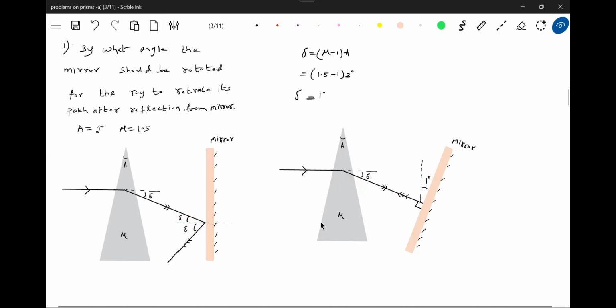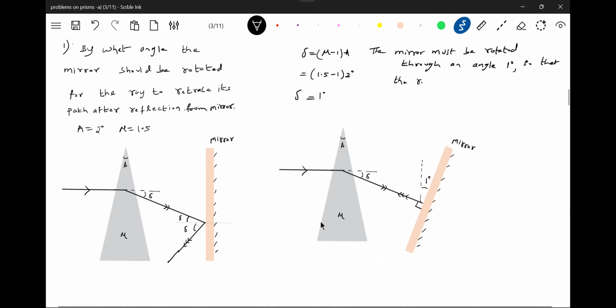So the mirror must be rotated by 1 degree so that the reflected ray rotates by 2 degrees and hence it can retrace the path.